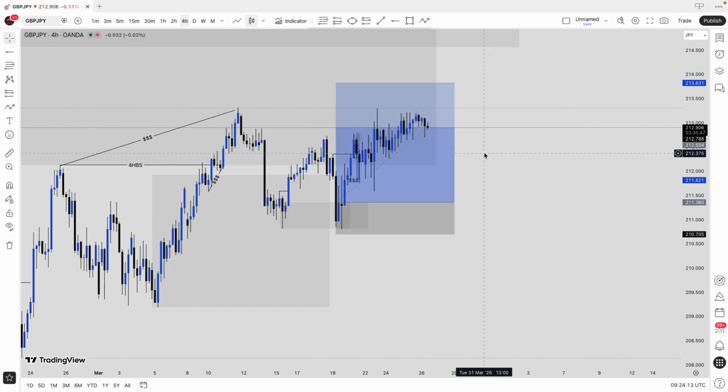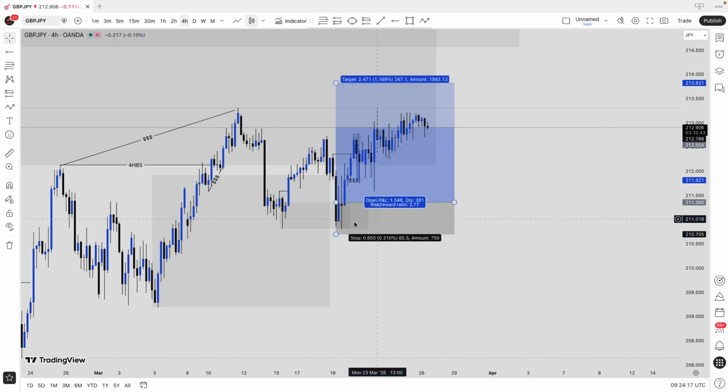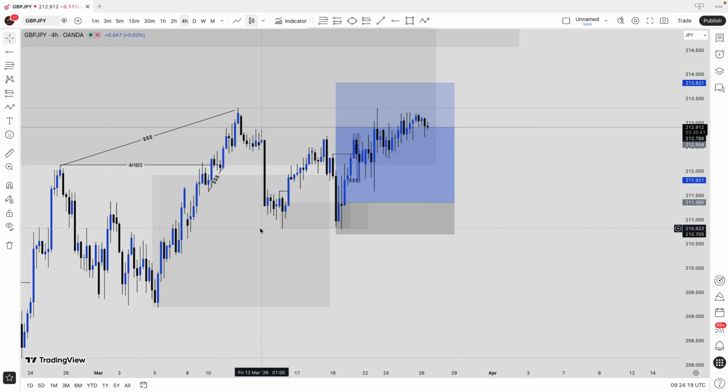So what I did in this case is I identified the market structure, the price action within this structure. What was happening inside this swing structure from this point to this point?